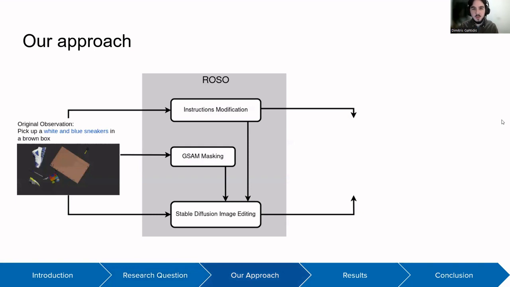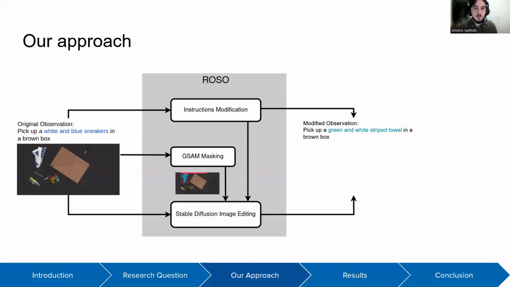Speaking of ROSO, it is a collection of three main modules: the instruction modification module, the GSAM masking module, and the Stable Diffusion image editing module. Given an initial language instruction and visual observation that Clipboard receives, we take that language instruction and observation into ROSO, and we first modify the language instruction, changing the initial object into a new object we want to inpaint into the image.